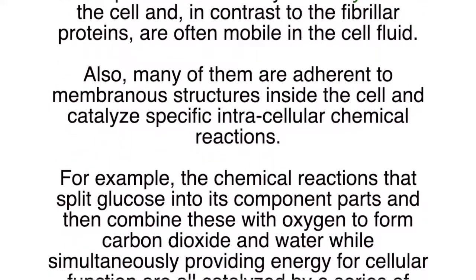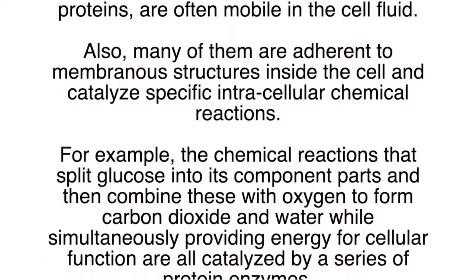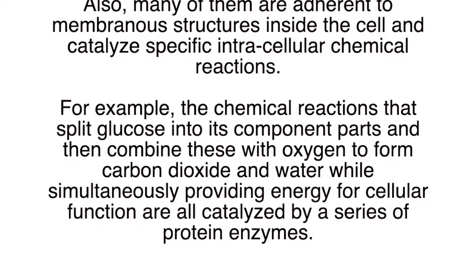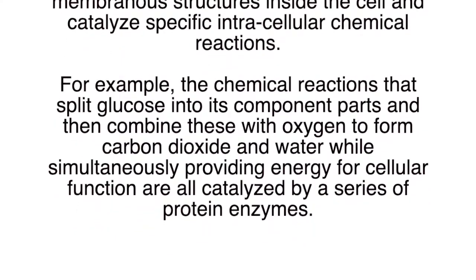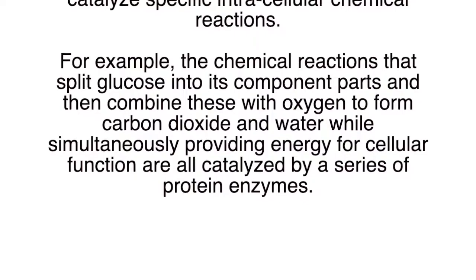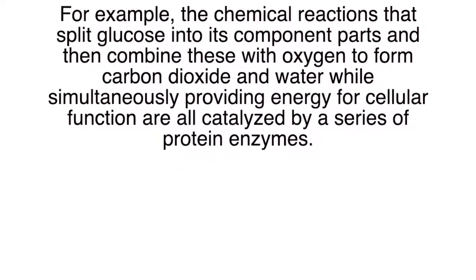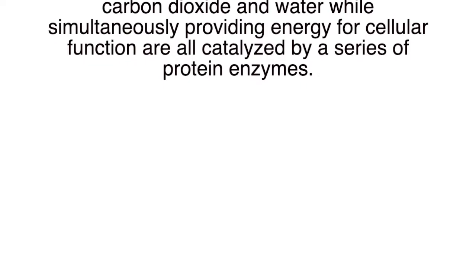Also, many of them are adherent to membranous structures inside the cell and catalyze specific intracellular chemical reactions. For example, the chemical reactions that split glucose into its component parts and then combine these with oxygen to form carbon dioxide and water, while simultaneously providing energy for cellular function, are all catalyzed by a series of protein enzymes.